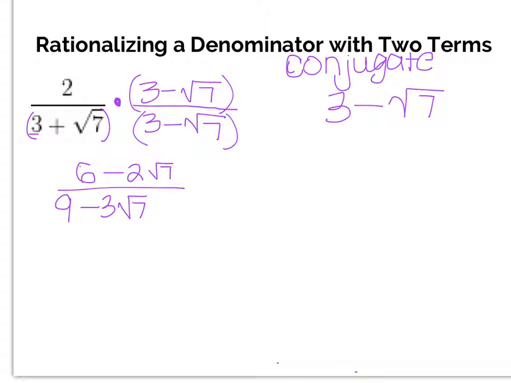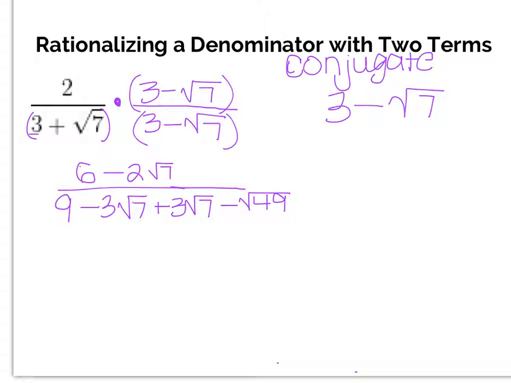The square root of 7 times 3 will be plus 3 times the square root of 7. And then finally we have the square root of 7 times the square root of 7, which will be minus the square root of 49.